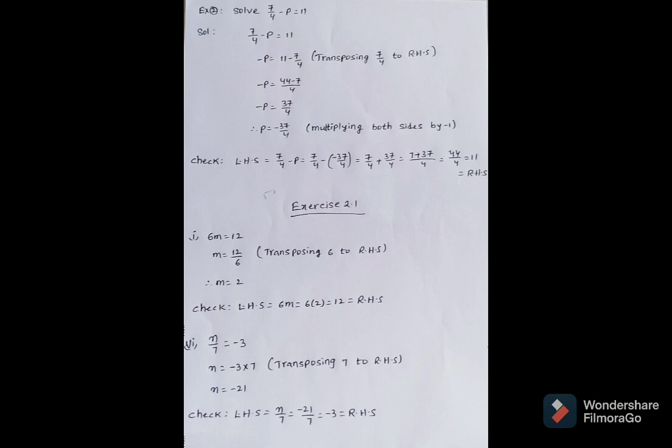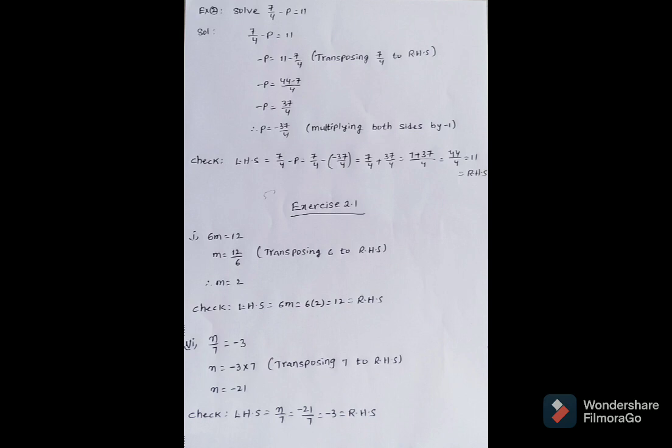In RHS, 4 is the LCM. So 4 into 11, 4 11s are 44, minus 7. So minus p is equal to 44 minus 7, 37 by 4.